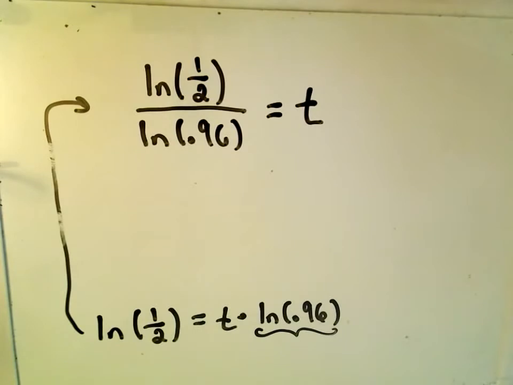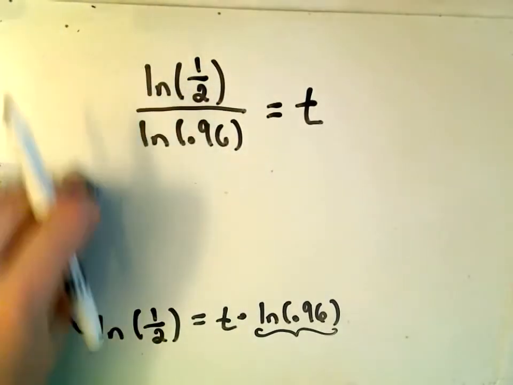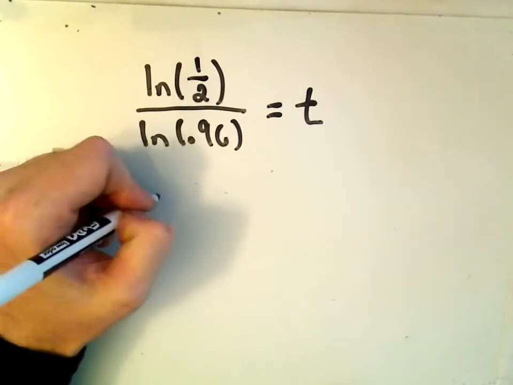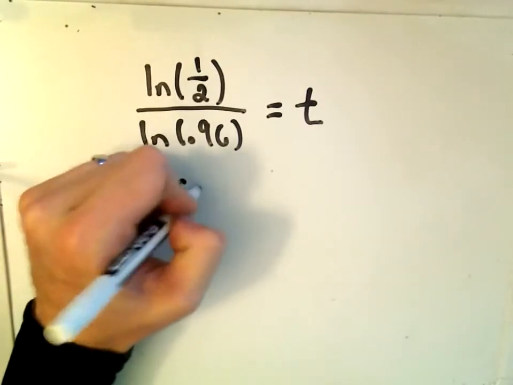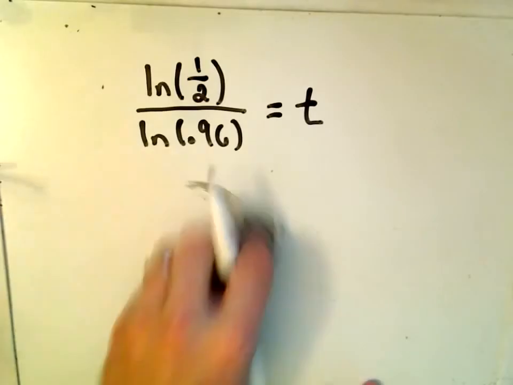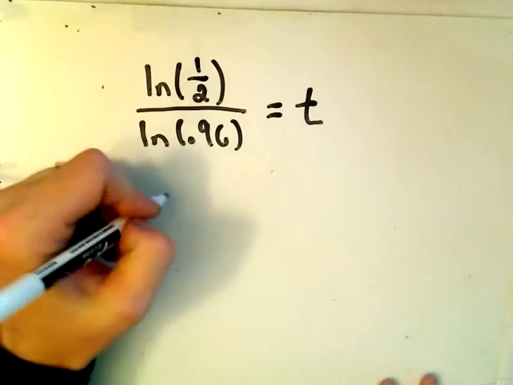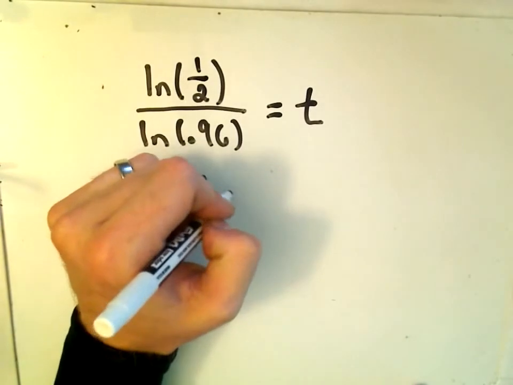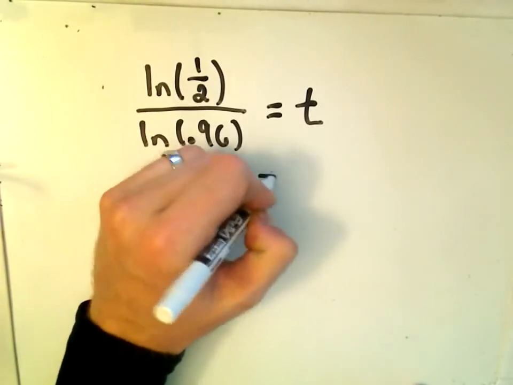That's going to tell us the number of years it takes for the substance that we started with to decay to half. Okay, so let me compute this real quick. ln of 1/2 is roughly equal to negative 0.693147.